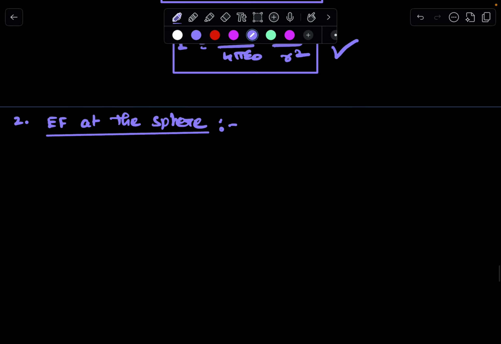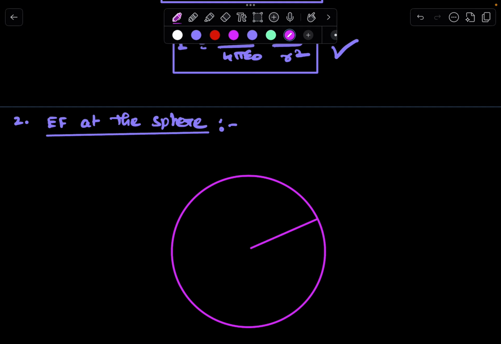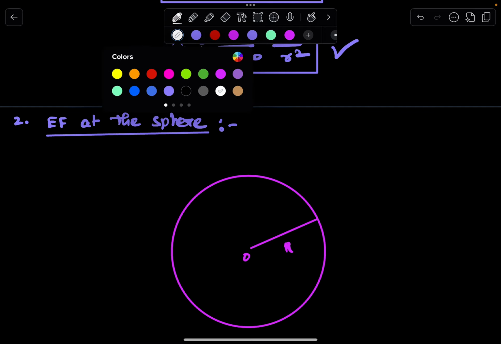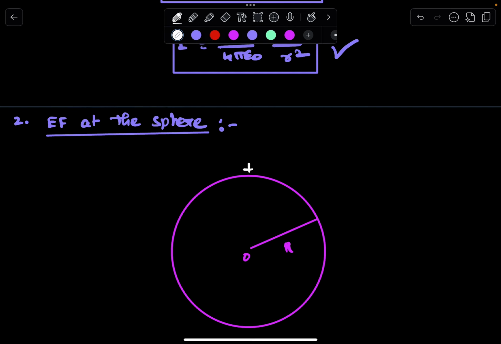At the sphere means, first of all, I'm going to draw the diagram. Let us assume this is a hollow sphere of radius capital R from the center. A positive charge is uniformly distributed over the surface of the sphere.